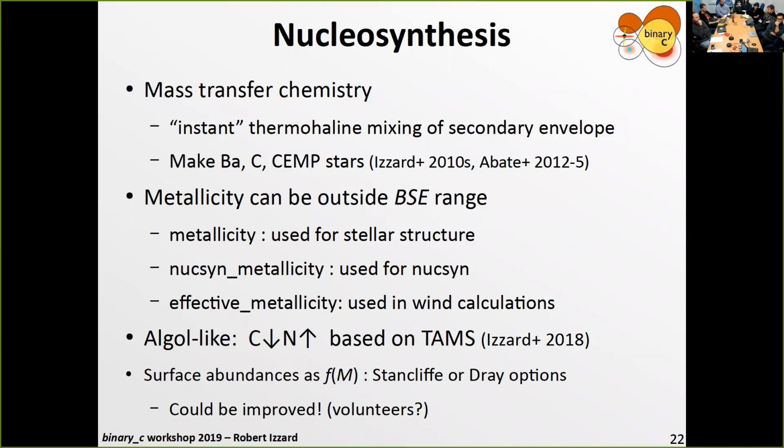You can then fit the abundance as a function of the stripped mass in the star. I think we can do that better. I don't think what we have now is ideal. It was a fast way of doing it, and in those days the computers weren't so good. So maybe that's something we need someone to work on in the future. If you care about surface abundances in massive stars that are stripped, that's something we could improve. It's okay, but it's not great.